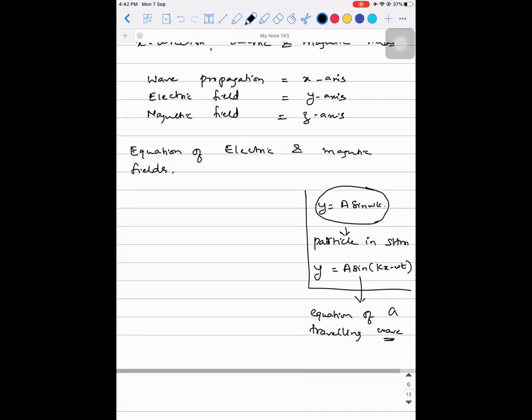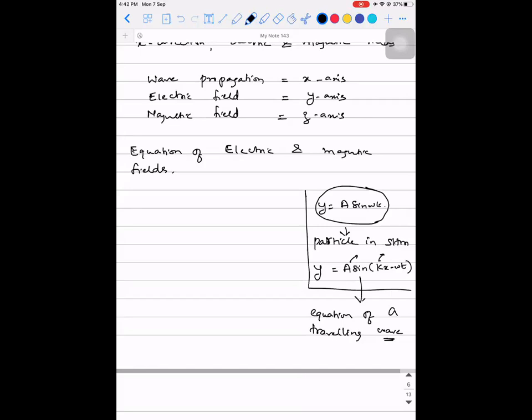then the equation of the wave is given as a sine of kx minus omega t, where a represents what? Amplitude. K represents what? Propagation constant. What is the other name for it?